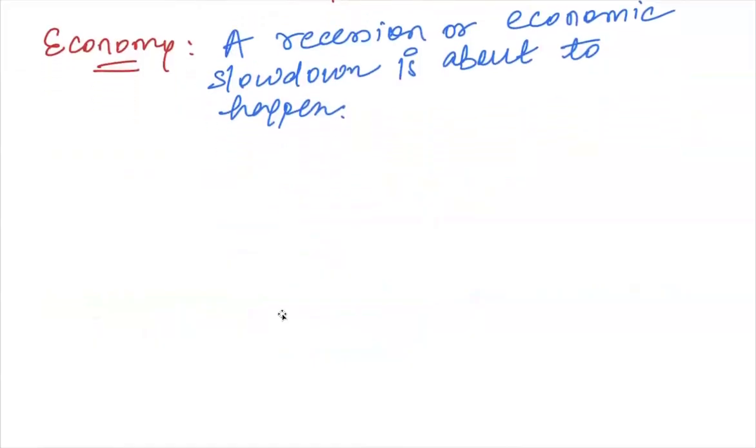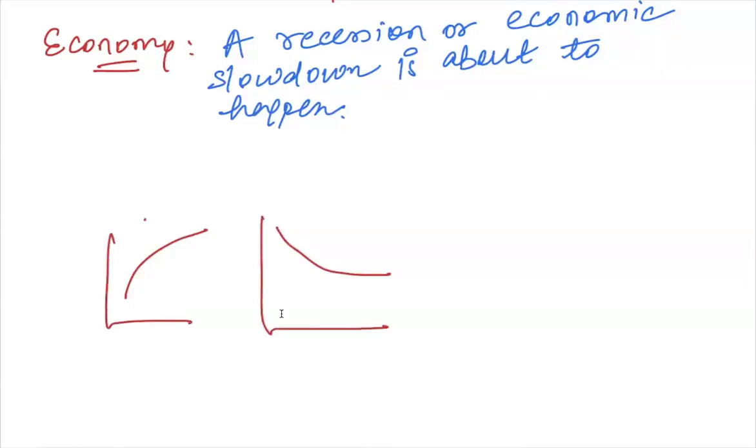Just to summarize, we saw two shapes. One is the upward sloping shape, one is the downward sloping shape. This basically means a good or stable economy. And what does this mean?